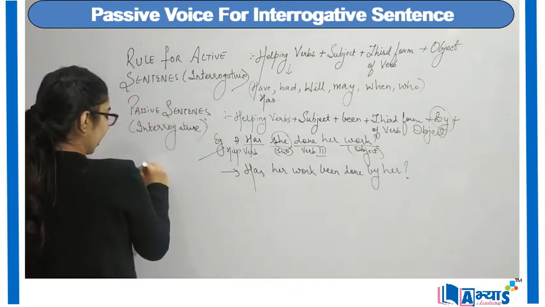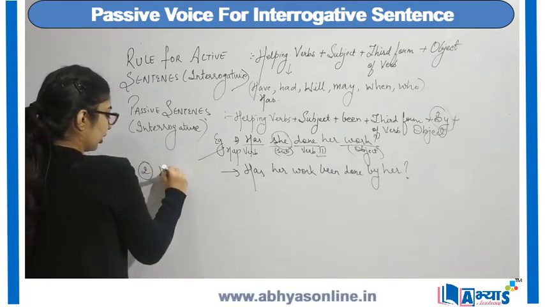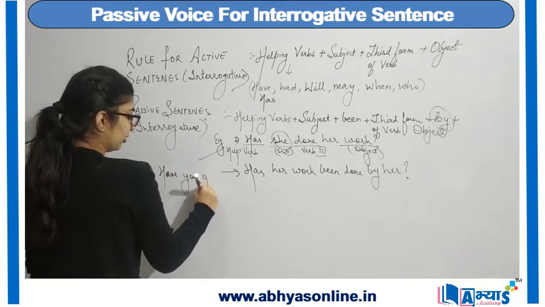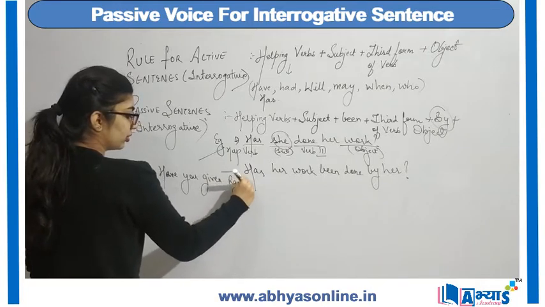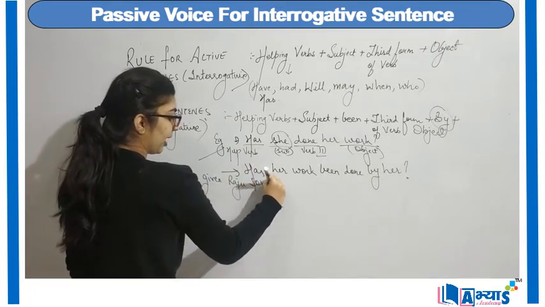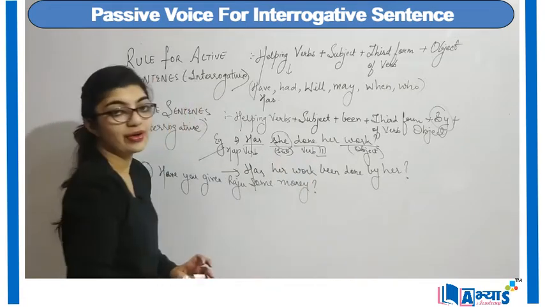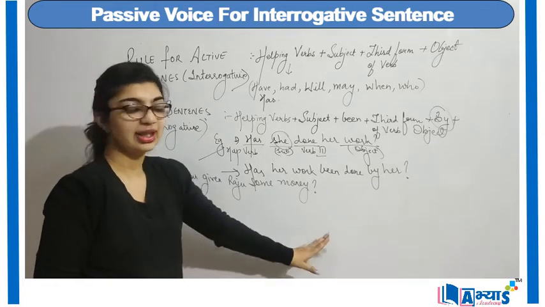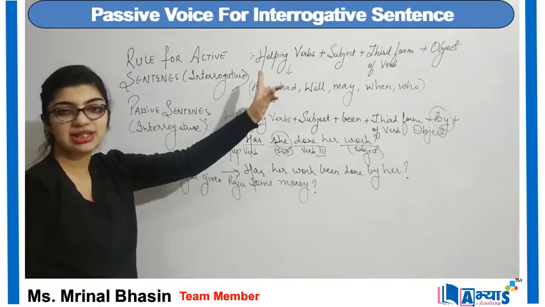Another example can be, have you given Raju some money? Now, if I ask the question, have you given Raju some money? This is my sentence in active form.